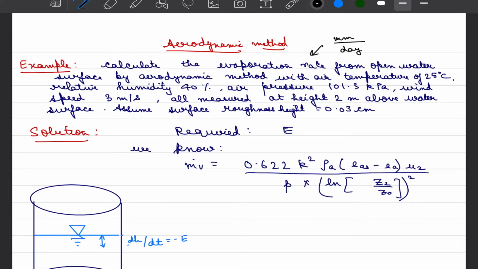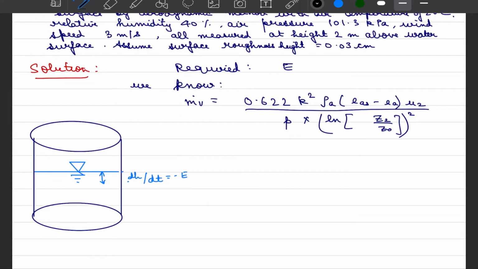In the last lecture, we derived that the rate of change of mass of water vapors in the system is equal to 0.622 k square rho A (EAS minus EA at U2) divided by P, into some terms of z. Now, we also learned in the energy budget videos that we can write dH by dt times rho W into area, if we are talking about an open container exposed to radiation, and with the negative sign as dH by dt is always decreasing, that should be equal to the rate of change of mass of vapors in the system.